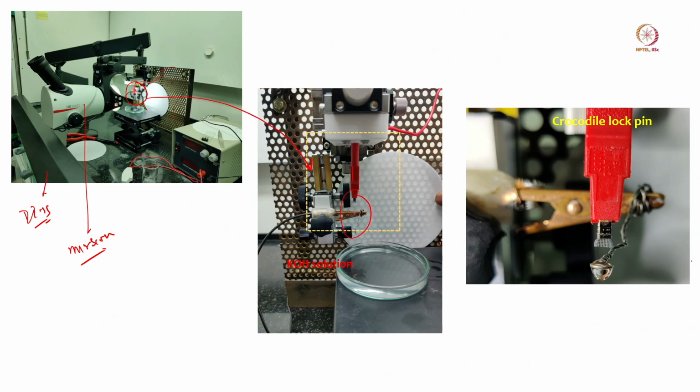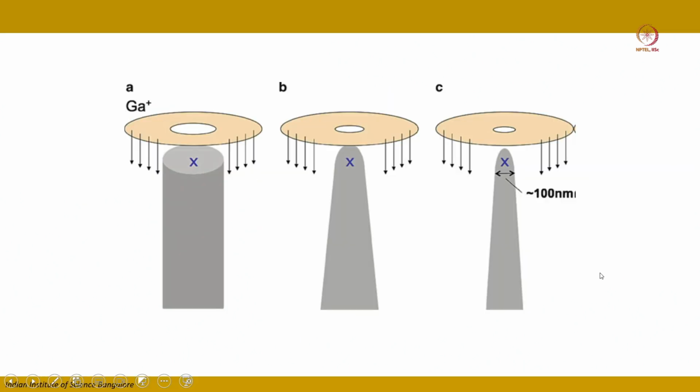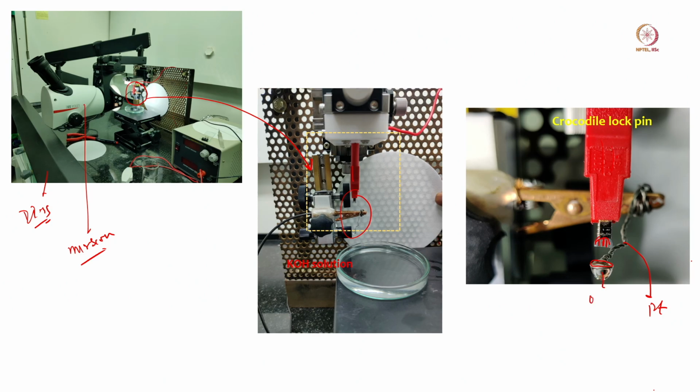This is a crocodile clip which is holding the specimen here. This is called the specimen, which has several tips. Okay, and this particular wire is called the platinum wire, and you can see that there is a loop, and there is an electrolyte which is suspended on the loop.